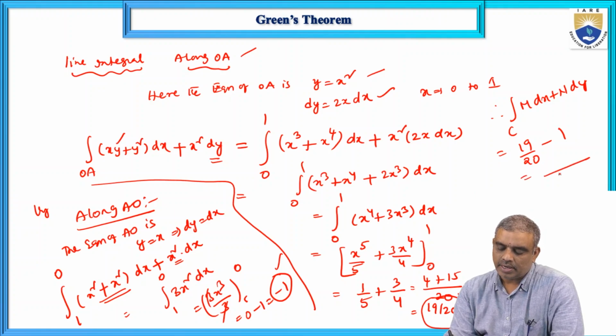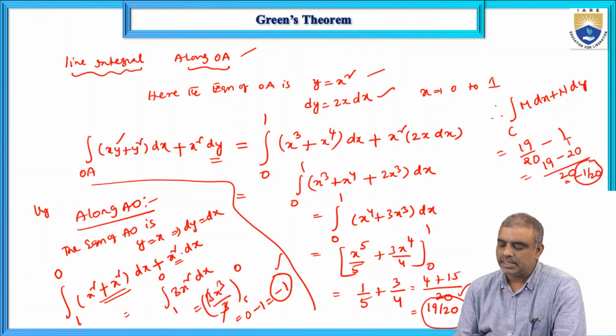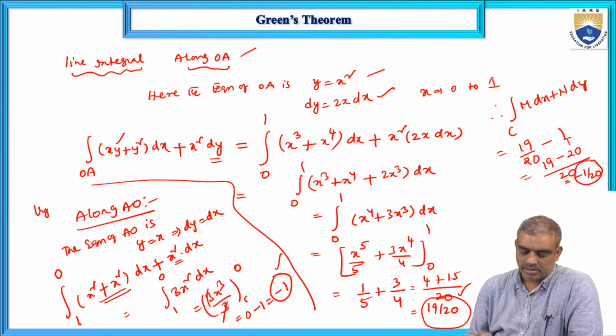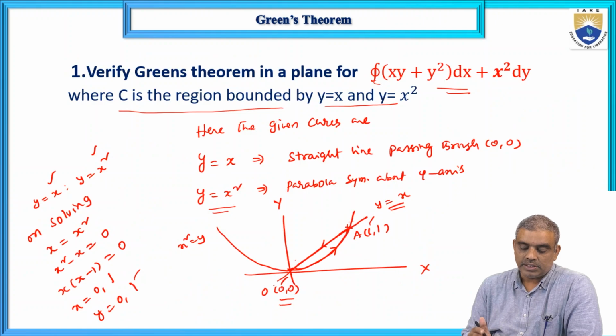So with LCM 20, 19 minus 20, that is equal to minus 1 by 20. This is the first evaluation, the line integral. So we have evaluated this one.